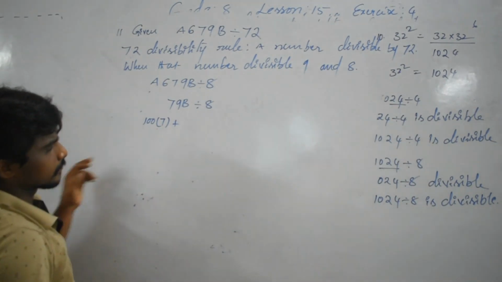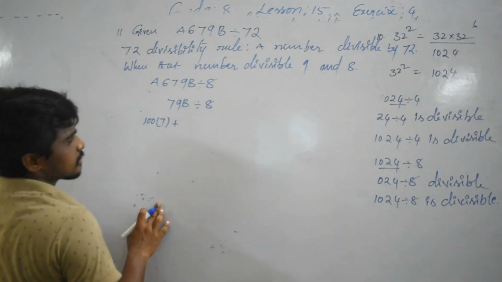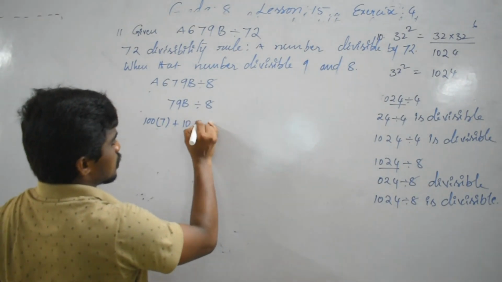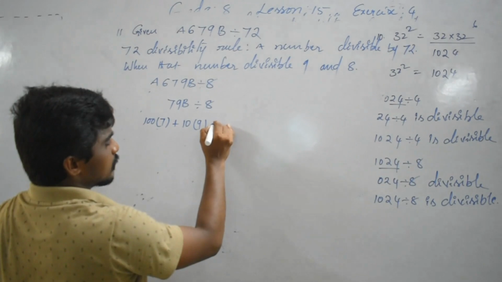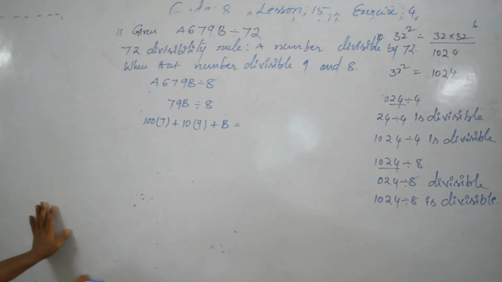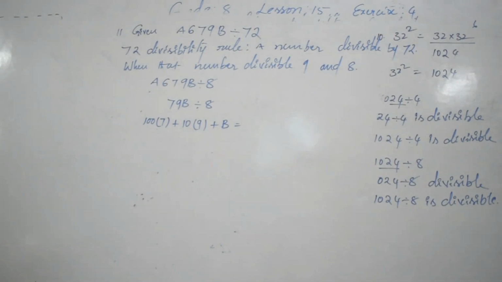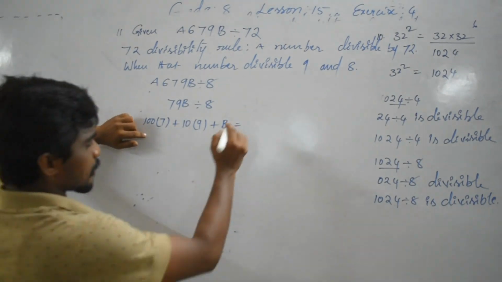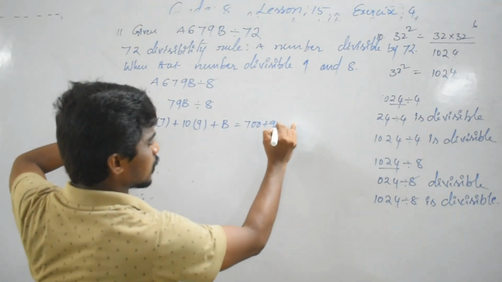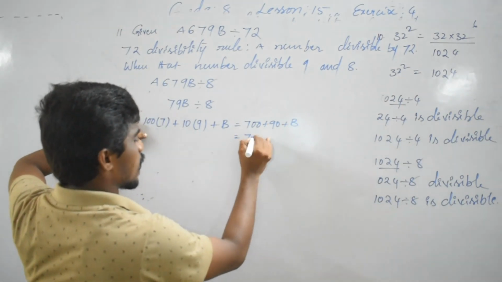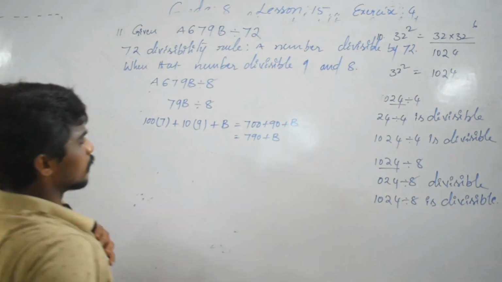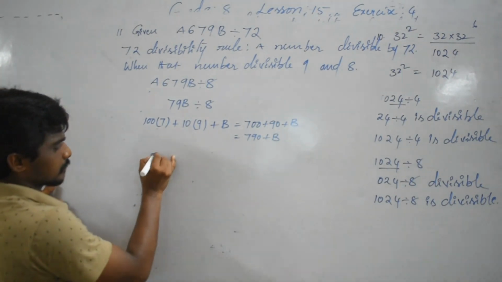This is the hundreds place, this is the tens place, and this is B. So 700 plus 90 plus B, that is 790 plus B. This 790 must be divisible by 8.